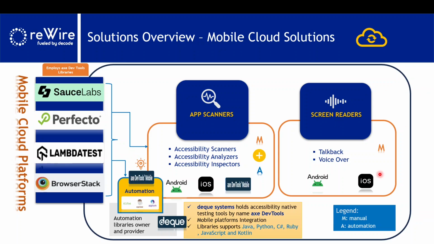When coming to screen readers, this is not automation, this is fully manual only, with TalkBack and VoiceOver for reading the screens. So this is the mobile cloud solutions overview.